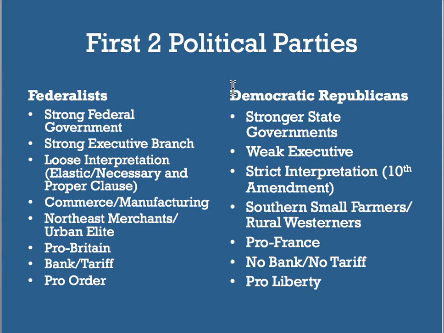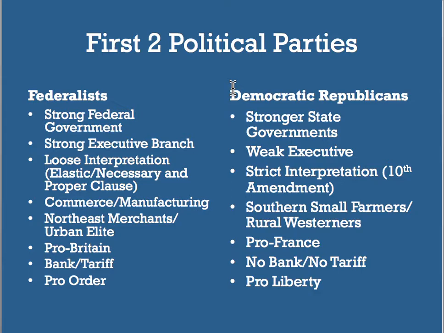They believe in a more commerce, trade, and manufacturing-based economy, and they're largely backed by the merchants, the trade, and the urban manufacturing elite of the Northeast, New England. They're more pro-Britain in their style. They believe in having a bank, they believe in having a tariff, and they are very pro-order, pro-stability.